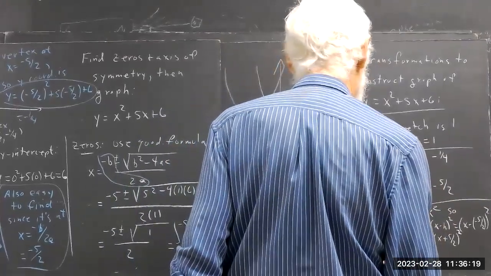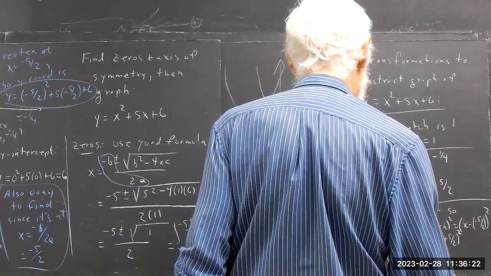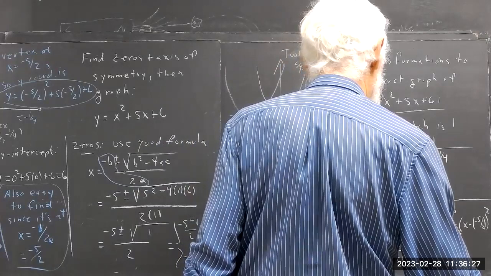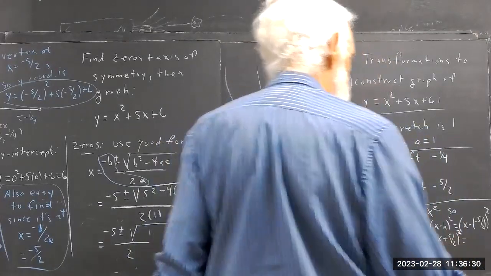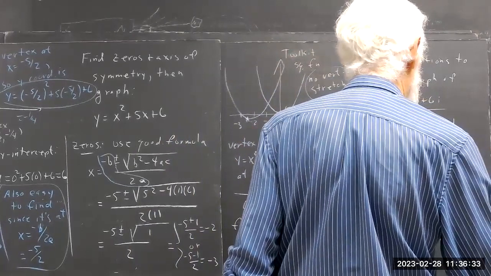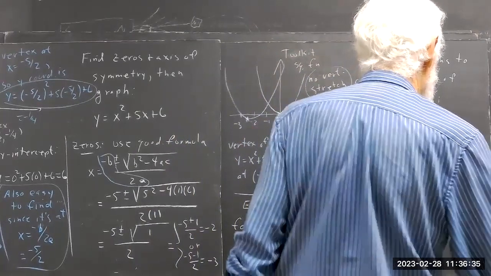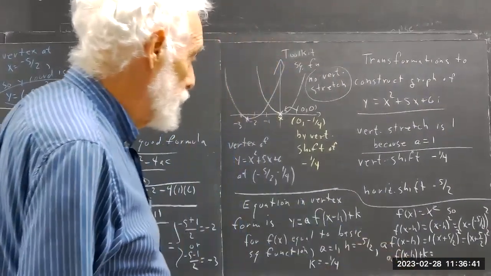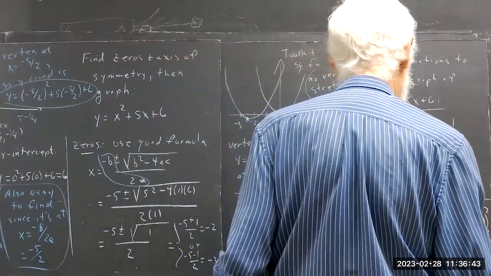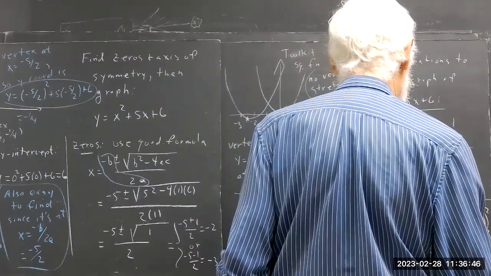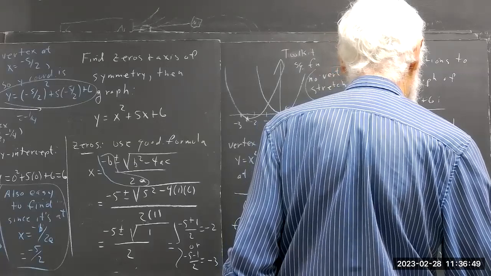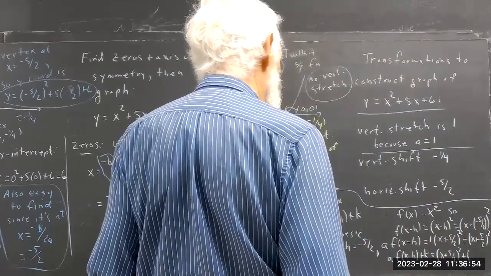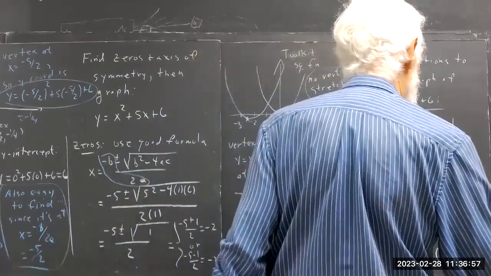And here's, of course, the 1 doesn't matter, so we just write that as x plus 5/2 squared. So that a f of x minus h plus k is x plus 5/2 squared plus -1/4.